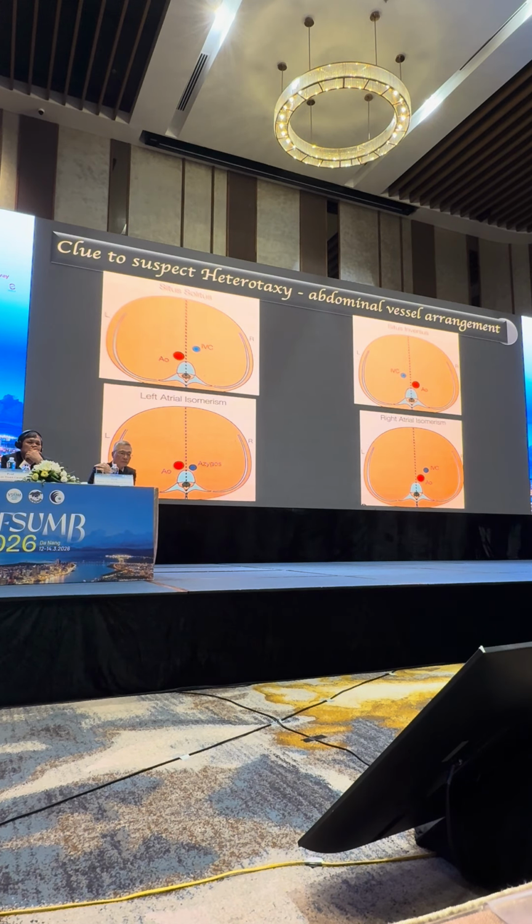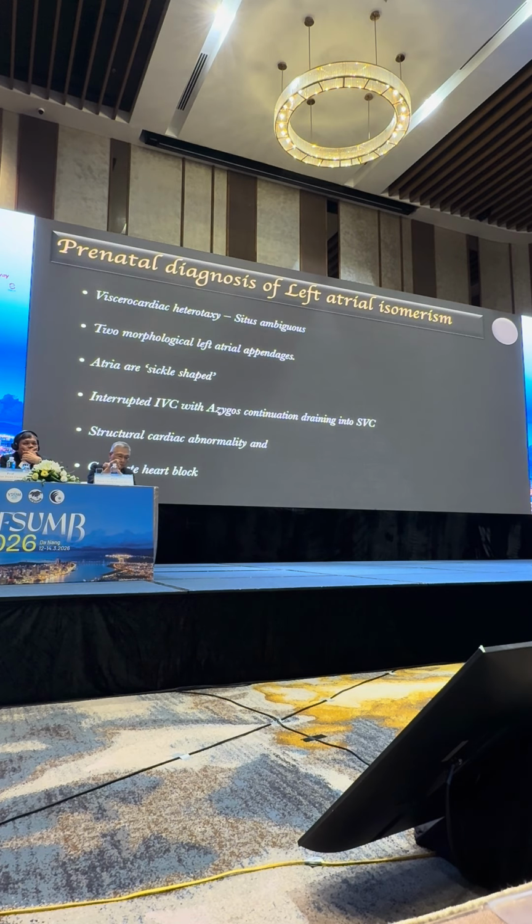Now, prenatal diagnosis of left atrial isomerism. First and foremost, there will be situs ambiguous. We all know what situs ambiguous is, and we know how to diagnose it very easily. Then we have 2 morphological left atrial appendages. Now, what is the left atrial appendage? How do you identify it? It is usually a sickle-shaped or finger-shaped structure. Second, there will be the double barrel sign or interrupted IVC, which will be taken over by the azygos continuation, so that the aorta and the azygos will be adjacent to each other.